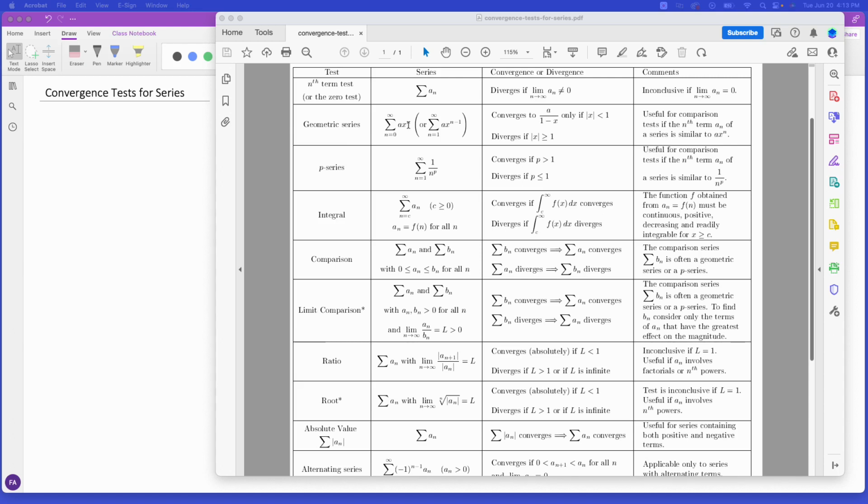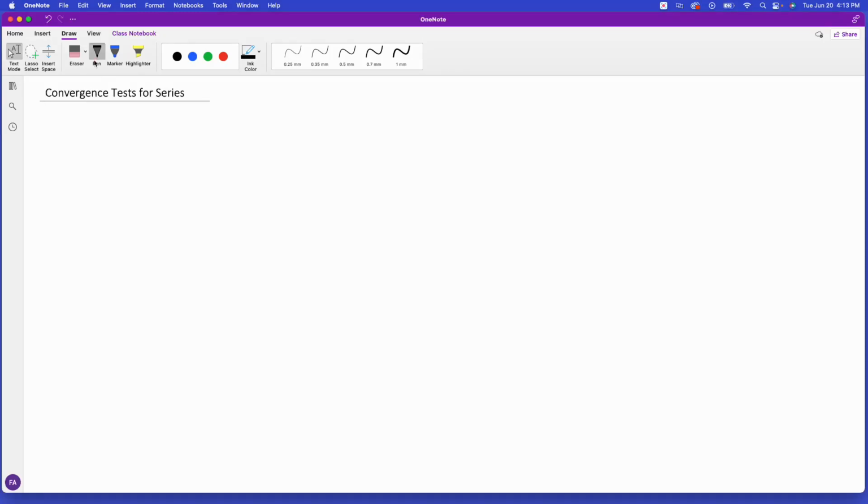So the idea with the geometric series is that you have some value of x and it's being raised to a power, and that value of x is fixed. So let's just say we have the summation from k equal 1 going off to infinity of, say, 3 times 2 to the n power.